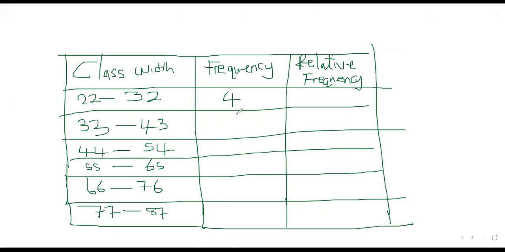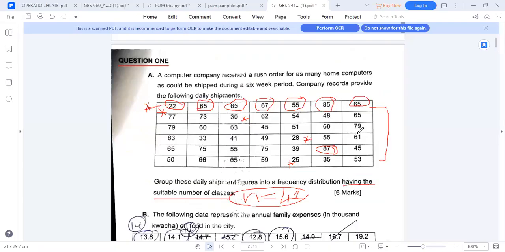But of course, the sum of frequency should give us 42. So meaning we need to go again from 33 to 43. We count them, 33 to 43. Okay, so manually, we continue counting like that.